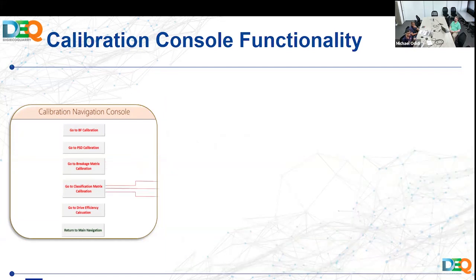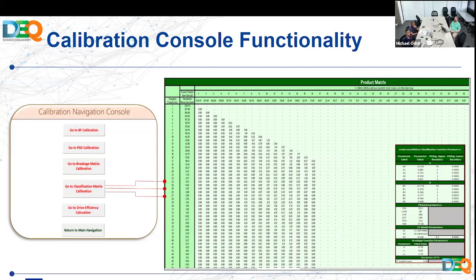We then go a step further and you have your product matrix, which combines the breakage function and the information contained in the breakage matrix, in order for you to generate your classification vector and your actual product PSD vector. You then have these different classification parameters that are fitted to your data in the calibration of this function. Once you have the fitted parameters, you can use them in your optimization console.